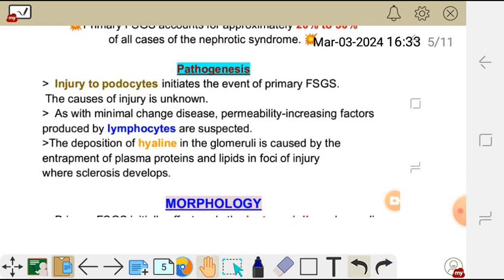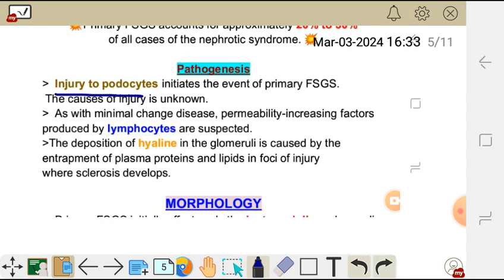After that, as with minimal change disease, permeability will increase, and this permeability will be increased due to factors produced by the lymphocytes. So permeability-increasing factors which are produced by lymphocytes are suspected in this condition.